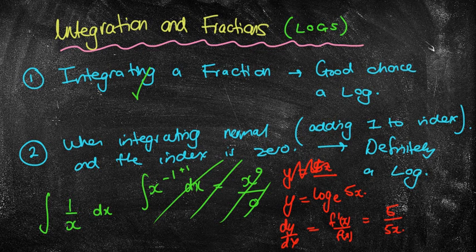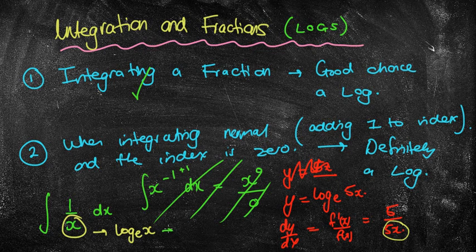So the good thing is that when you have got your fraction here, the original function is on the bottom part of our fraction, our denominator. So in this case, the x is actually our function. So we can write here log e x. Now, most of the time, that will be correct, and that will be your answer, but I will always like to test it because you will see that it won't always happen.